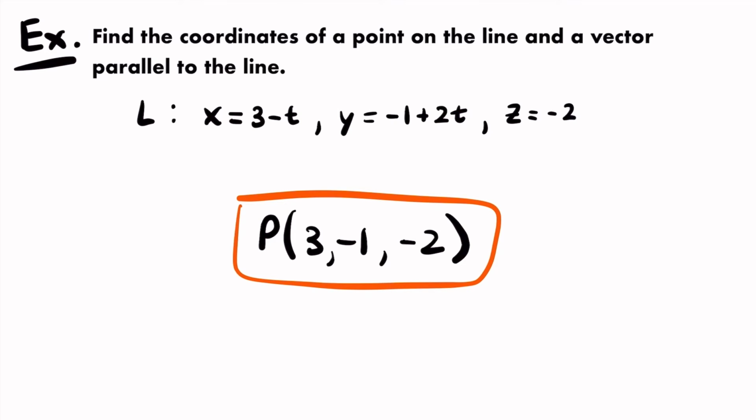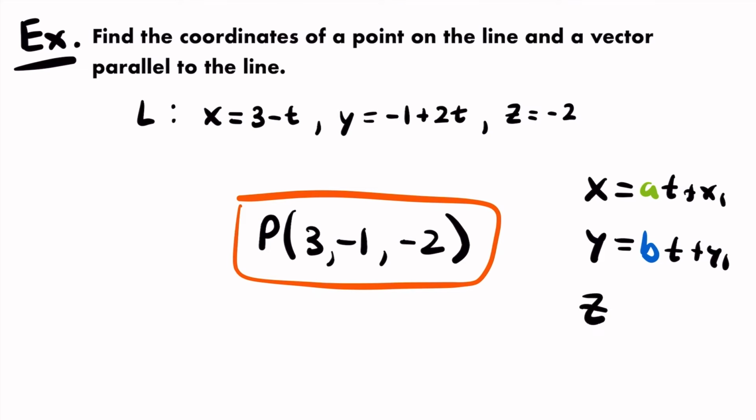The general form of our parametric equations for a line in 3D are x equals a times t plus x1, y equals b times t plus y1, and z equals c times t plus z1. We already worked with x1, y1, z1. Those are the three values that we just found to make the point. Now what we're looking for are a, b, and c, the direction numbers, which are the components of a vector parallel to the line.